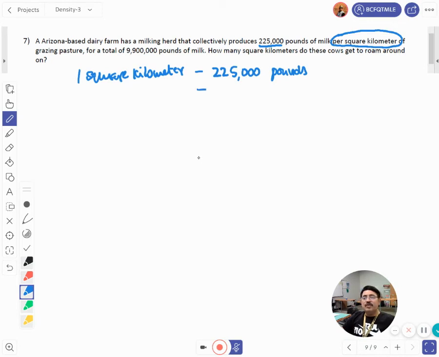And next, for a total of 9,900,000 pounds of milk, how many square kilometers of area is needed? Or how many square kilometers do these cows get to roam around on?